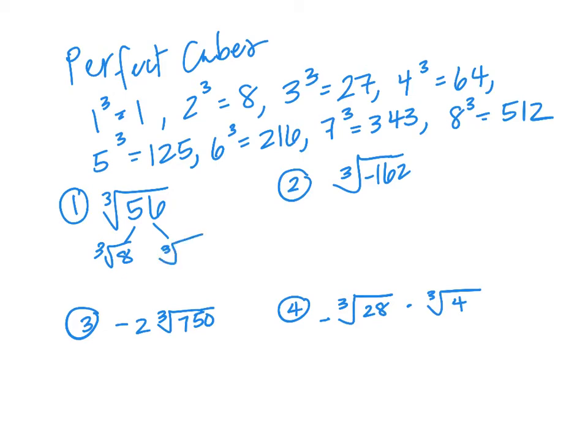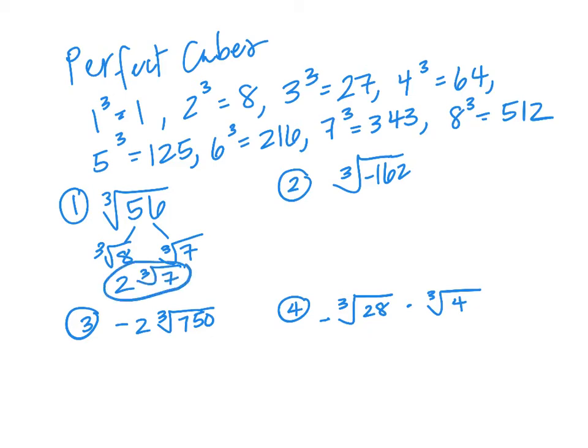So the cube root of 8 times the cube root of 7 gives us the cube root of 56. 8 is a perfect cube, and when we take it out of the radical sign, it becomes 2. This simplifies to 2 cube root of 7.